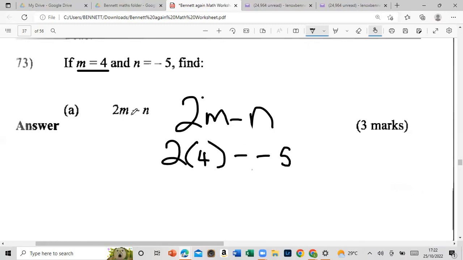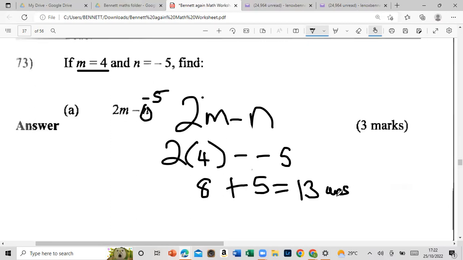Remember, minus is part of the formula, so it's minus negative 5. Our common error is students just put minus 5 alone. Alright, 2 times 4 is 8. Two negatives give us a positive 5. And then we add 8 plus 5, which is 13. So that is our answer, 13.